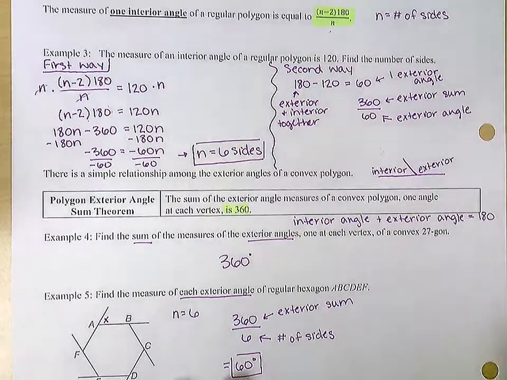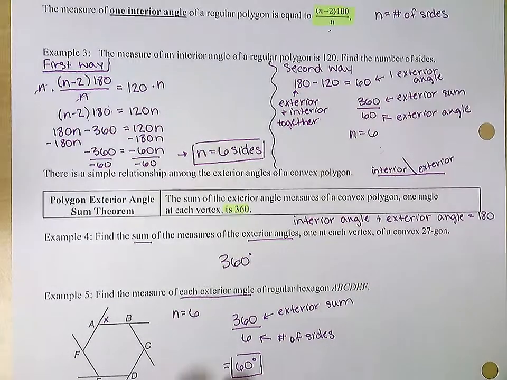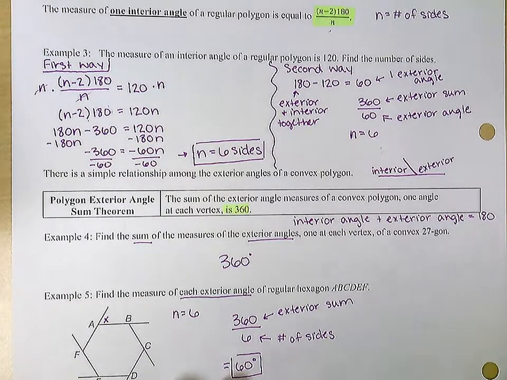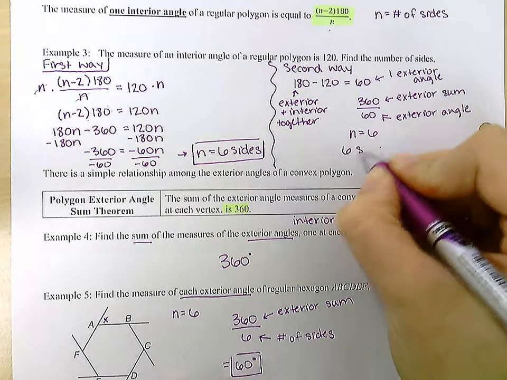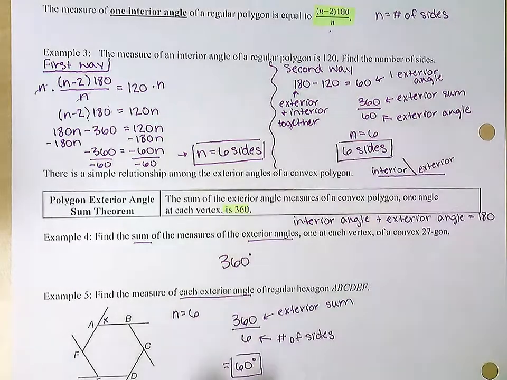Okay, and that will give you your number of sides, which is 6. Okay, so one interior and one exterior together create a straight line, so they equal 180. So you can always find one exterior angle, and since the sum of your exteriors is always 360, you can just divide by that one exterior to get your number of sides.